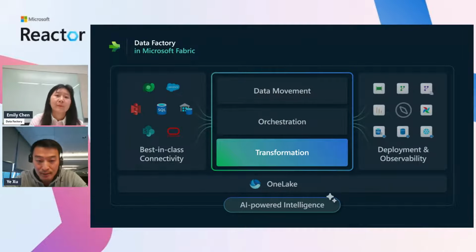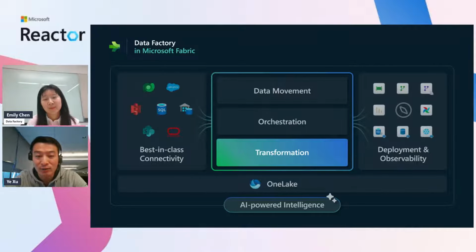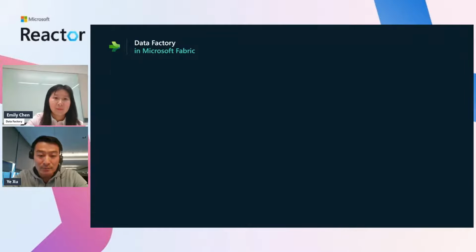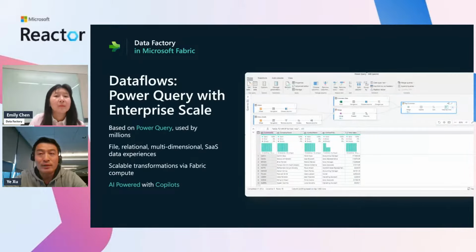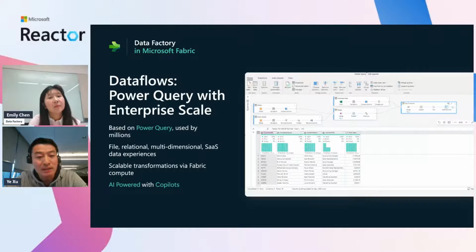So next, I'm going to talk about one of the most important data integration capabilities, transformation. We know Power Query has been the pillar of our data transformation and data preparation for many years, right? It provides you a low-code experience to transform your data from Excel, from Power BI, from Dynamics, from many places.